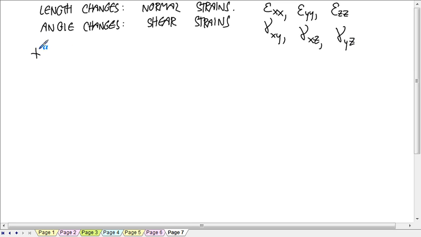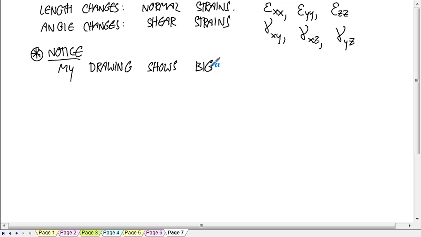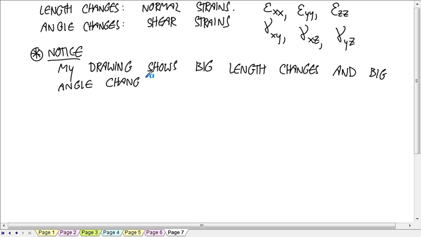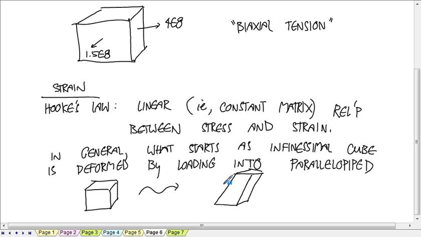Notice that my drawing shows big length changes and big angle changes. But remember that one of our key assumptions in this class is small strain, small deformation. So something like this is not something that we're going to analyze.